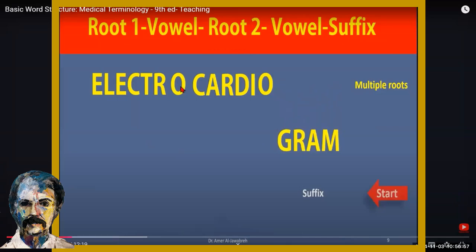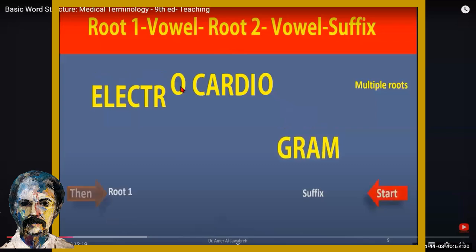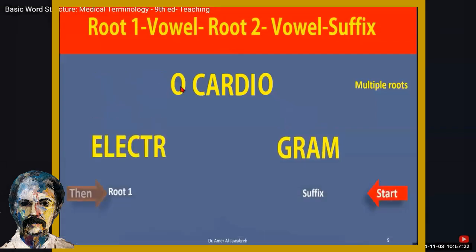It's very well known in hospitals as ECG. So you have electro, cardi, and gram. Have a look. That's the suffix. Root 1, elect, which means electricity.